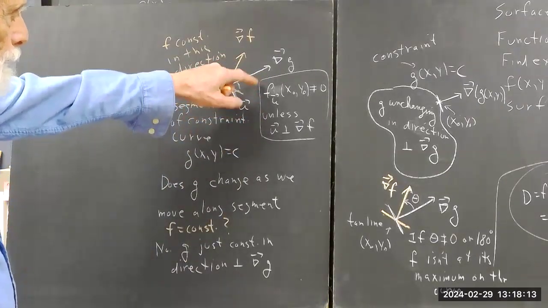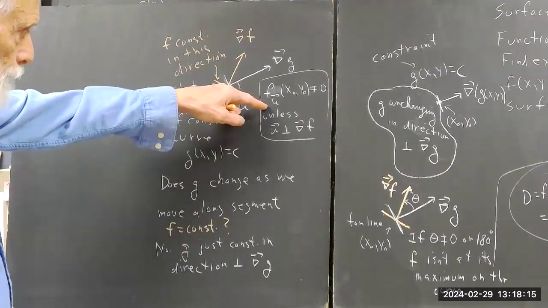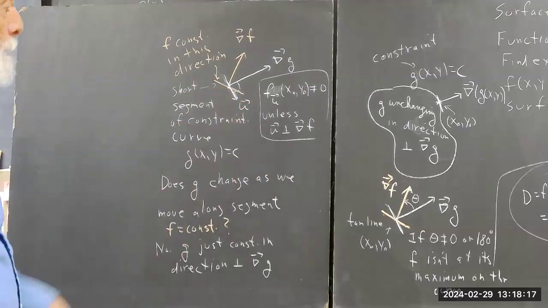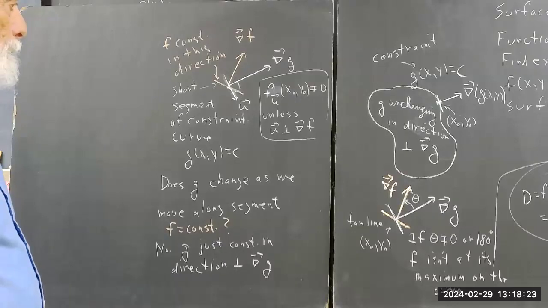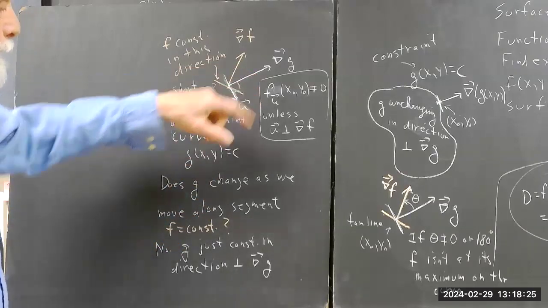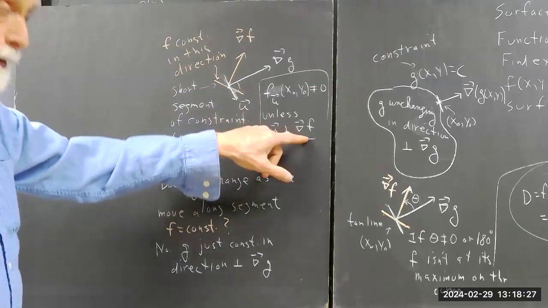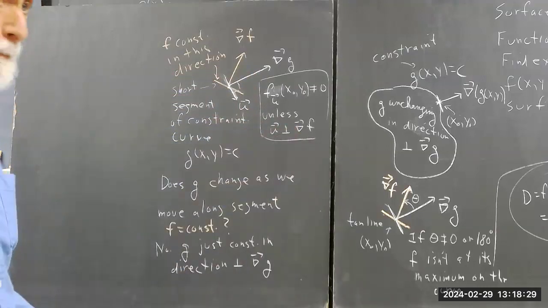I'm not sure how well you understand directional derivatives at this point, but right there is a statement you should definitely digest. Simply because the directional derivative is u dot del f.